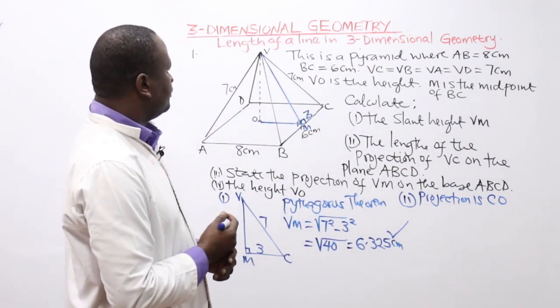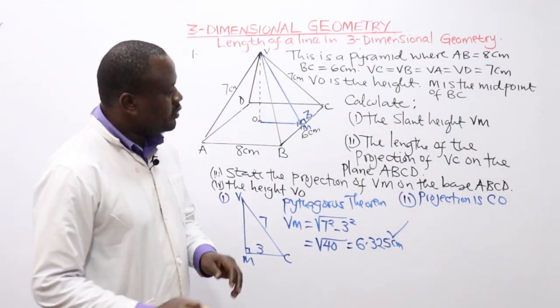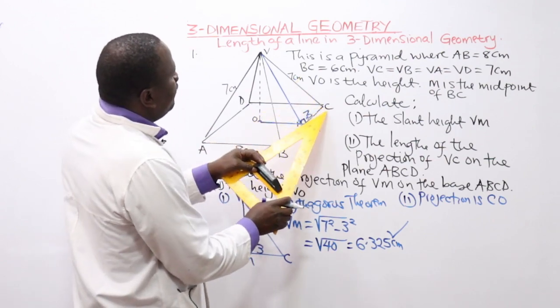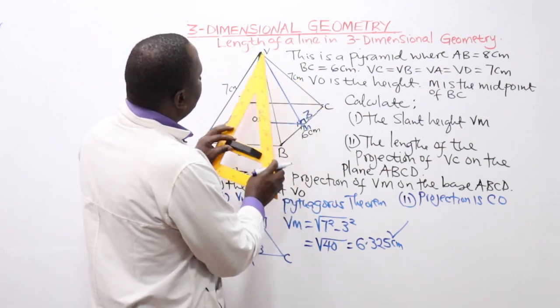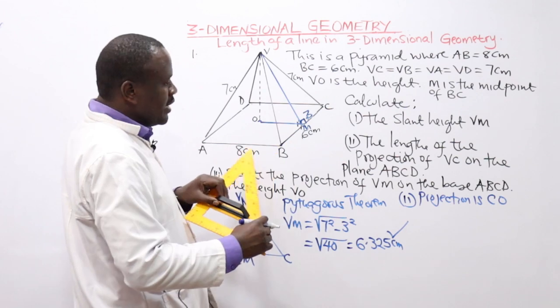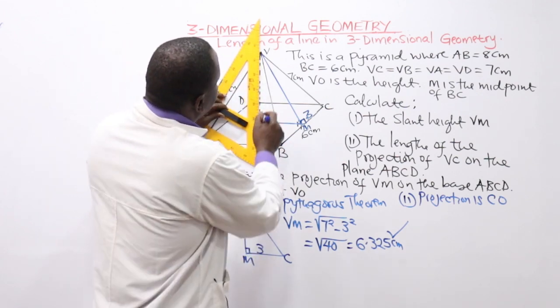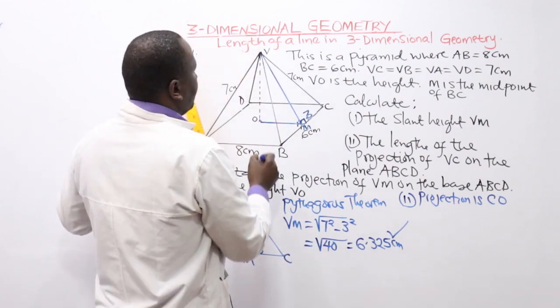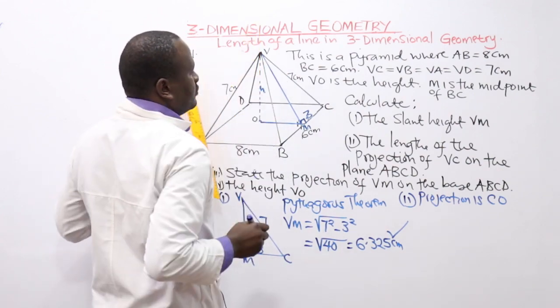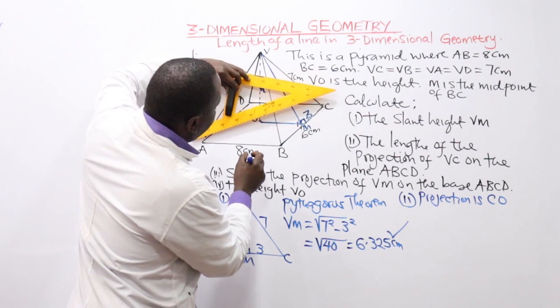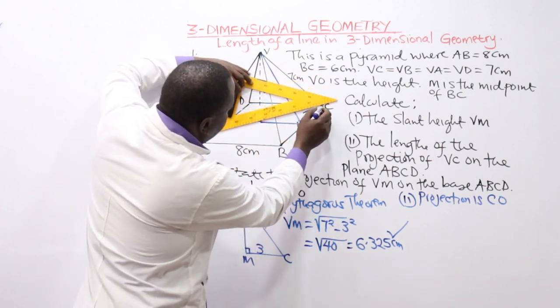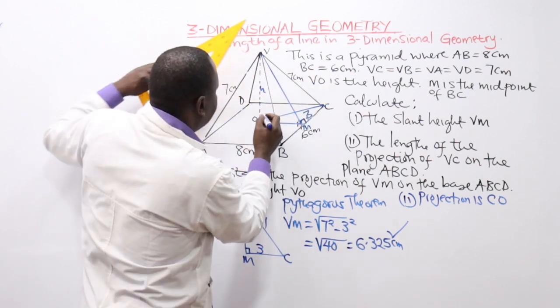or CO. Why? Because at the end of VC that is not attached to the plane, we drop a perpendicular, which is the height. So, O is the last point that is perpendicular.